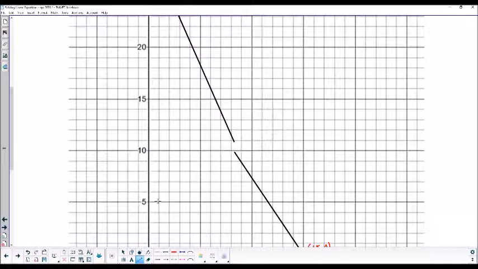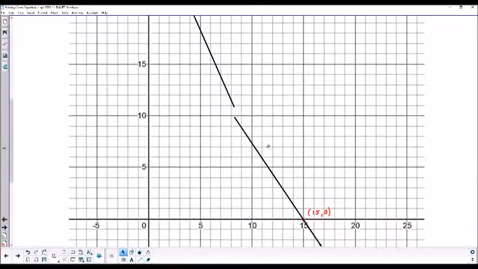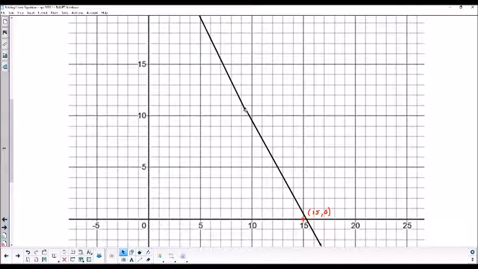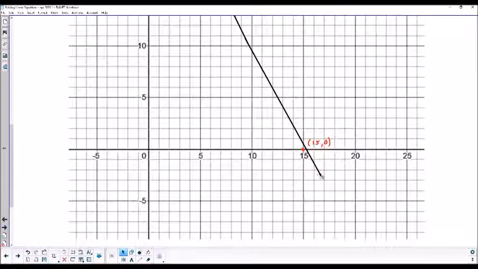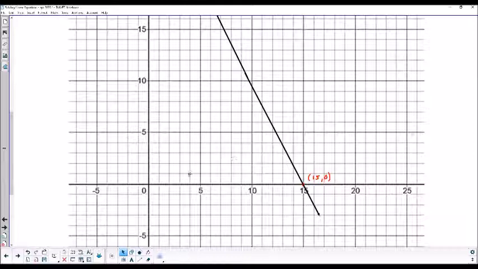Then I just have to make my adjustments to connect these lines to make sure they're connected. Okay, so it's not perfect the way I've drawn it, but we get the idea of how we're graphing.